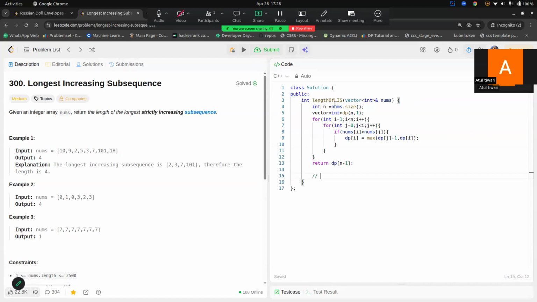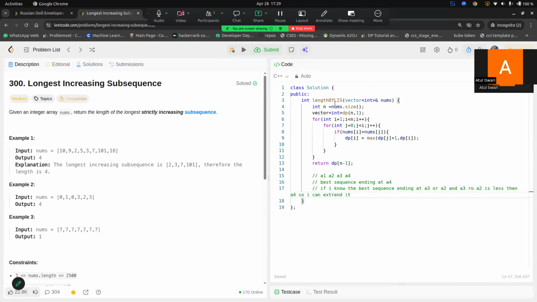What I was saying is that if I have numbers a1, a2, a3, a4, and I want the best sequence ending at a4, then if I know the best sequence ending at a3 or a2, and a3 or a2 is less than a4, I can extend it.